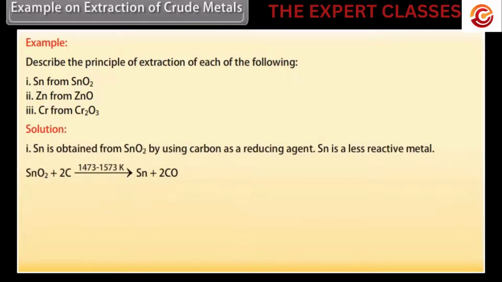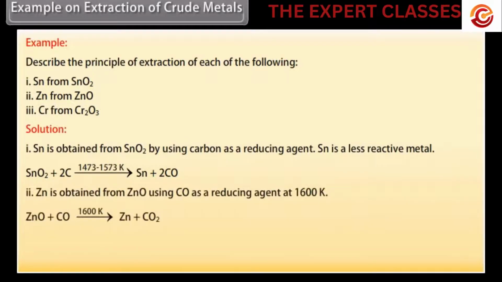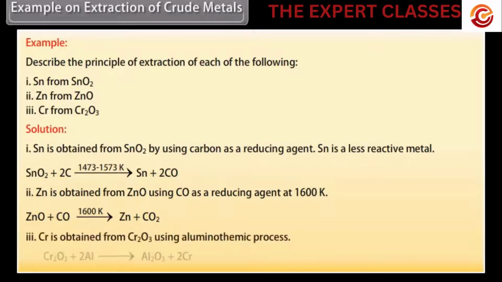Sn is obtained from SnO2 by using carbon as a reducing agent. Sn is a less reactive metal. Zn is obtained from ZnO using CO as a reducing agent at 1600 Kelvin. Cr is obtained from Cr2O3 using aluminothermic process.